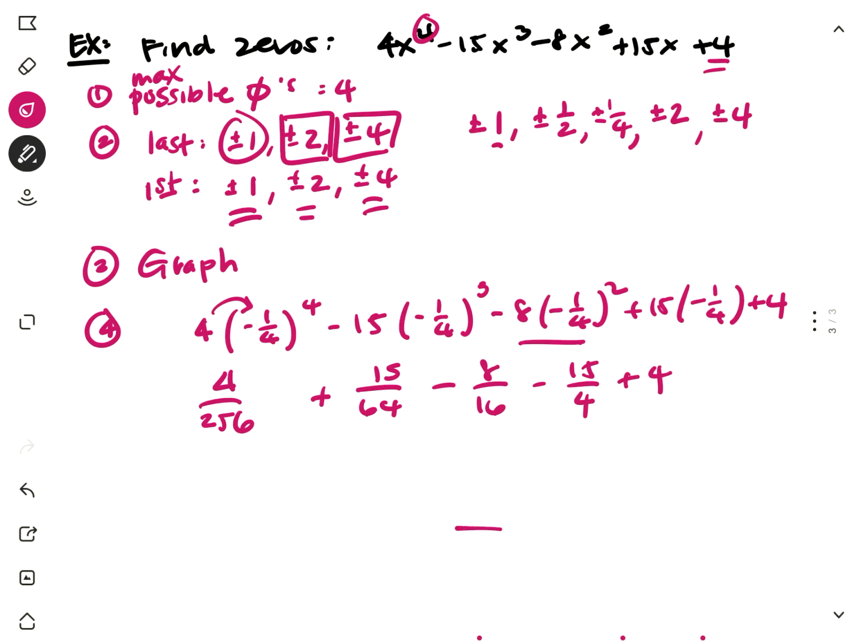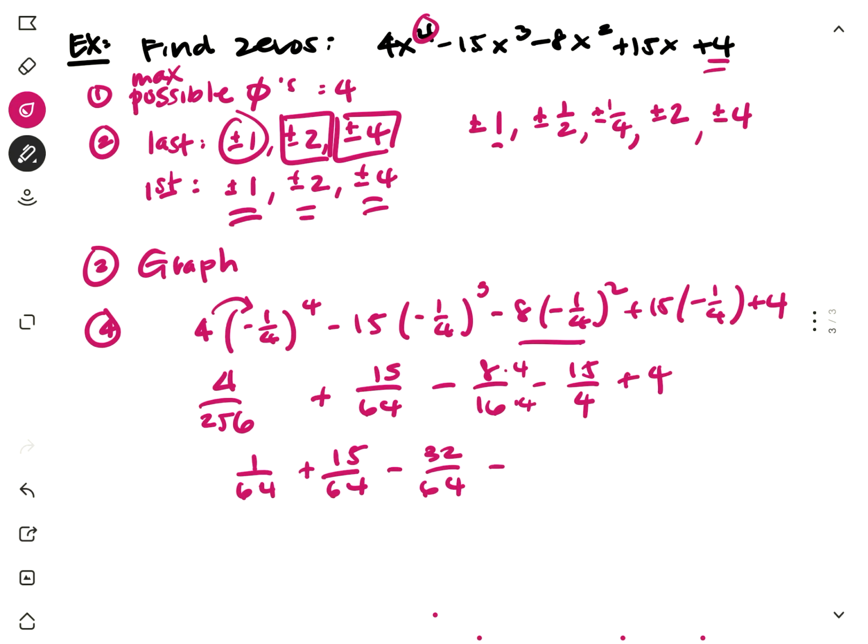Let's simplify this. 4 over 256, they're both divisible by 4. So if I simplify that, that's 1/64 plus 15/64. Let's do common denominators here because that's probably going to help us out. So let's do it all 64ths. I'm going to multiply 8/16 by 4 and 4, so that's 32/64.